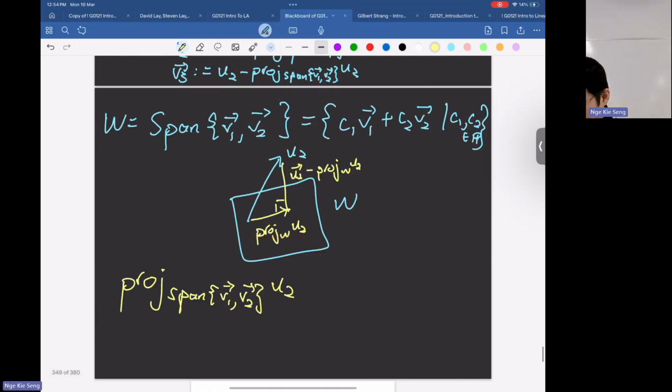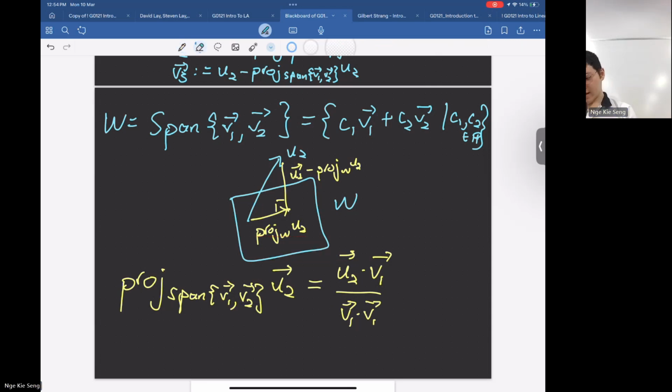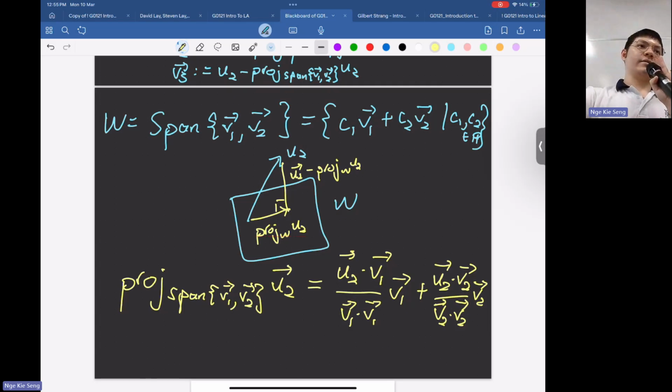This is the generalization of projecting onto one line. Basically, you take your U2 dot your first vector, divide by the squared length of V1, times V1, plus U2 dot V2 divided by the squared length of V2, times V2. So you just take the sum of how you project onto each line.